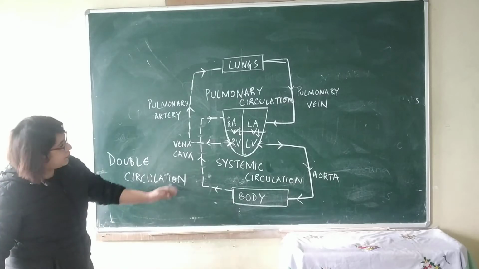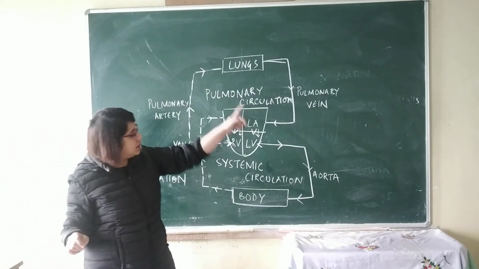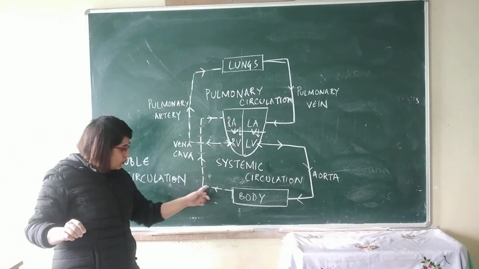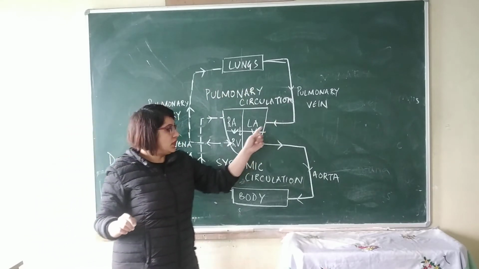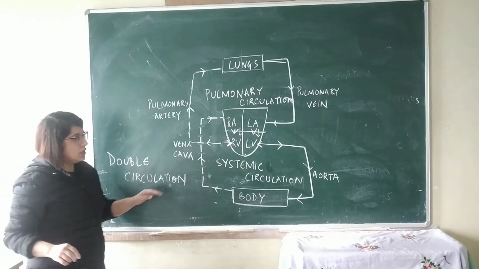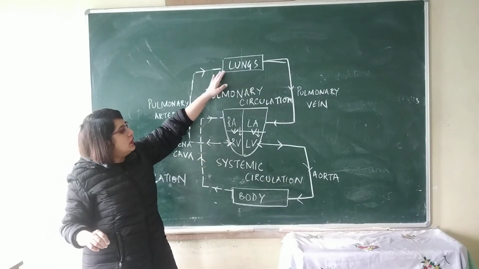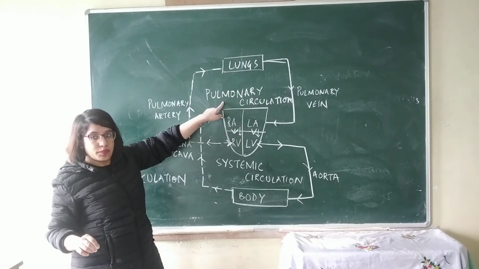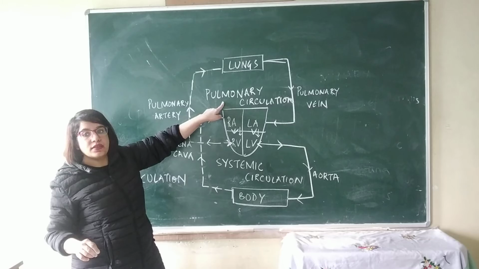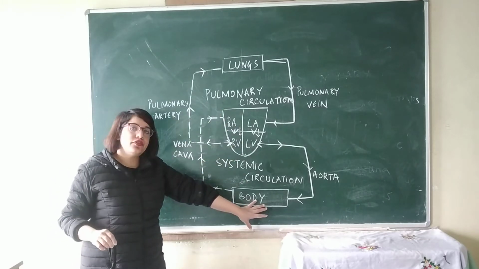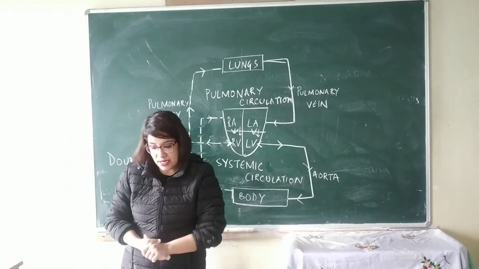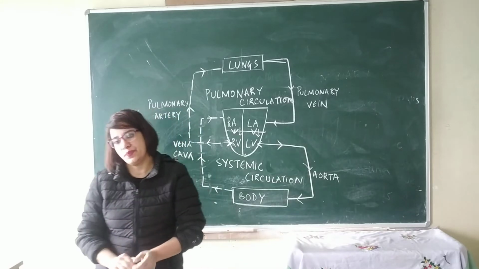So, if you see, twice it enters the heart, once from here and once from here, hence double circulation. The circulation between the heart and the lungs is called pulmonary circulation, and the circulation between the heart and the different parts of the body is called systemic circulation.